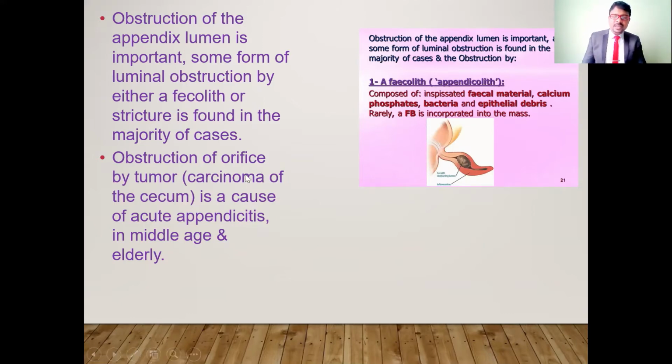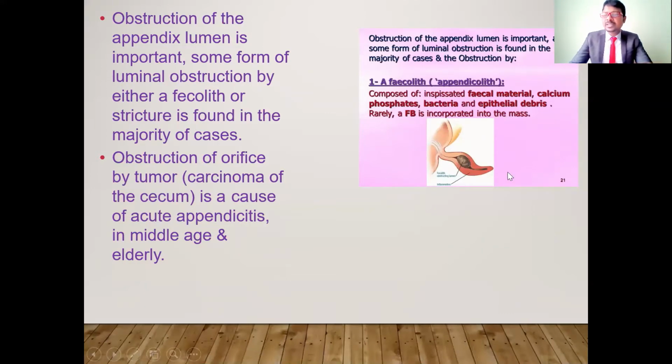And the next one is obstruction of the orifice by tumors. Is there any tumor in the appendix? Carcinoma of the cecum is a cause of acute appendicitis in middle age and also in the elderly. So these are the causative factors for acute appendicitis, especially any obstruction in the appendix.